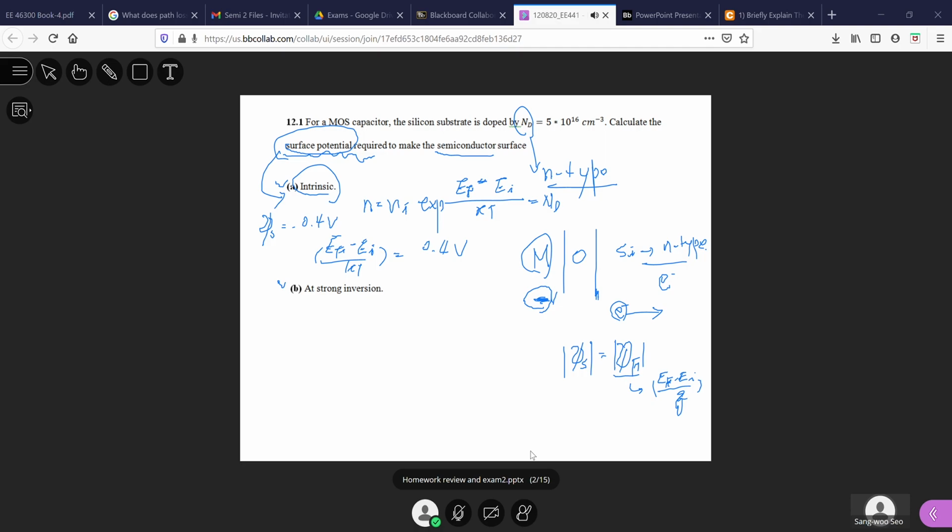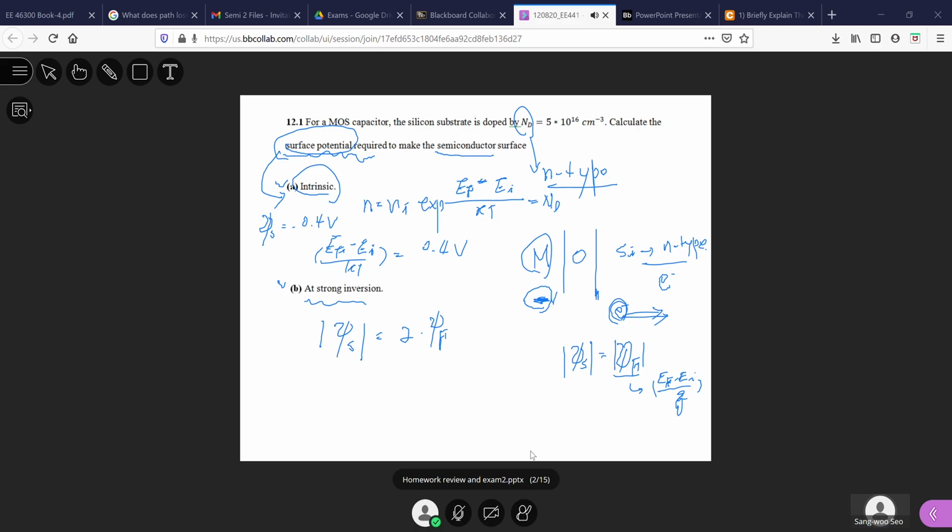And then now, if we keep increasing the negative voltage in here, we're going to further push away the electron so that initially it creates a depletion and then reaches the intrinsic, and then finally we reach the strong inversion. So the strong inversion condition is that the surface potential magnitude is 2 times the potential difference between the Fermi and the intrinsic energy level.